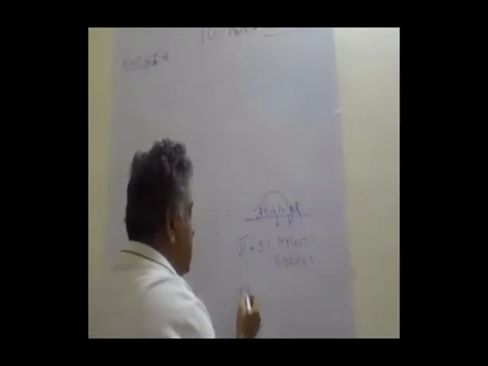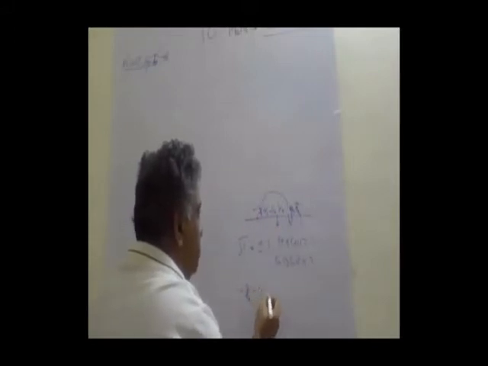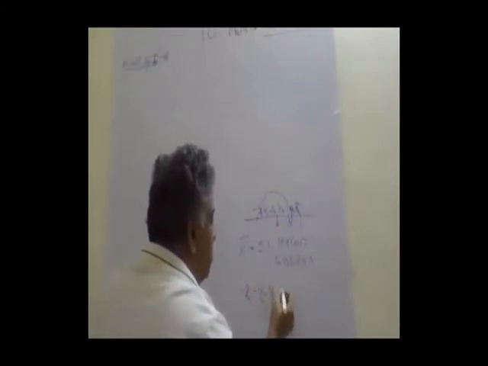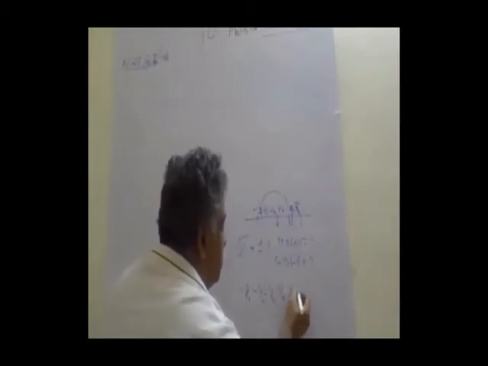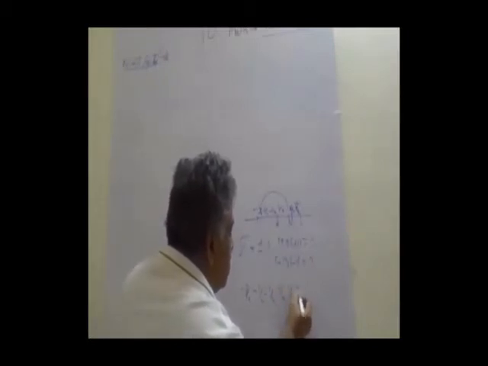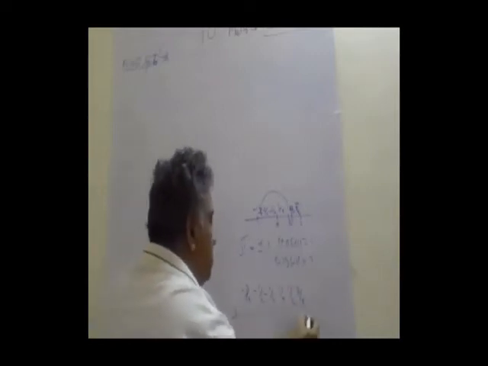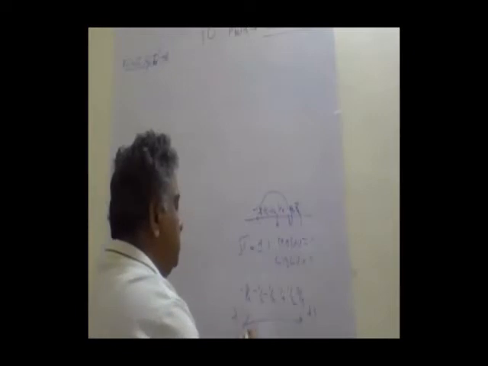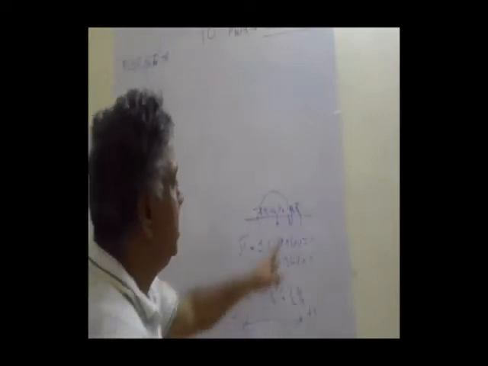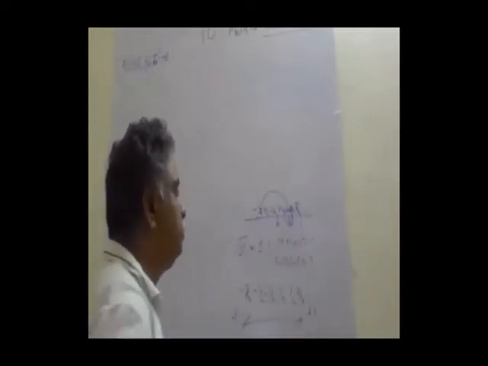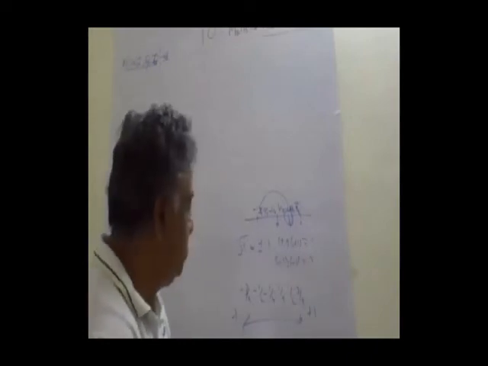So minus 3 by 4, minus 1 by 2, minus 1 by 4, 1 by 4, 1 by 2, 3 by 4. Between minus 1 to plus 1, I can give any fraction except 1 by 2. 1 by 2 is given to me, so I cannot give 1 by 2.